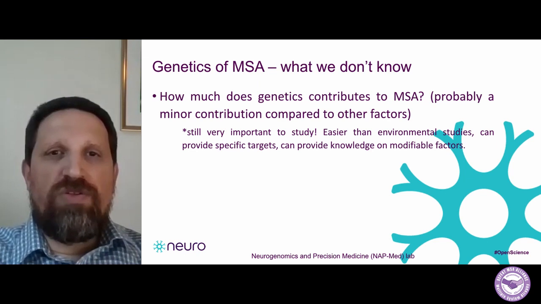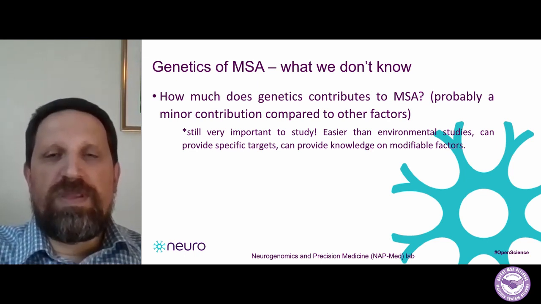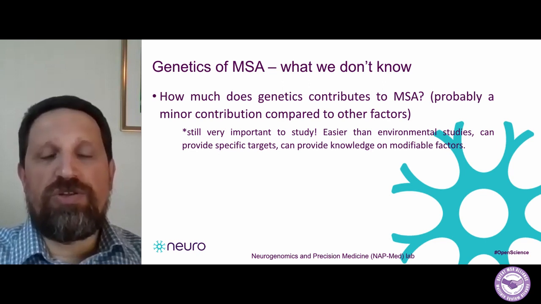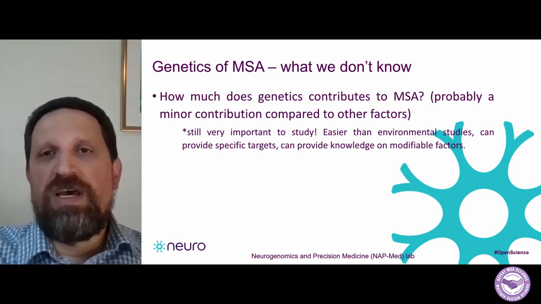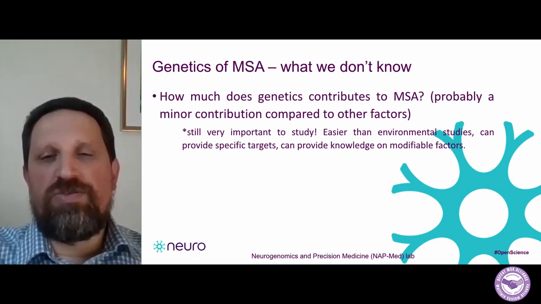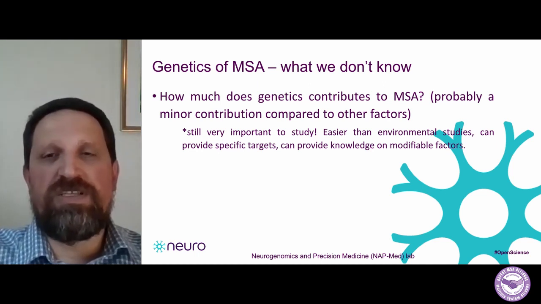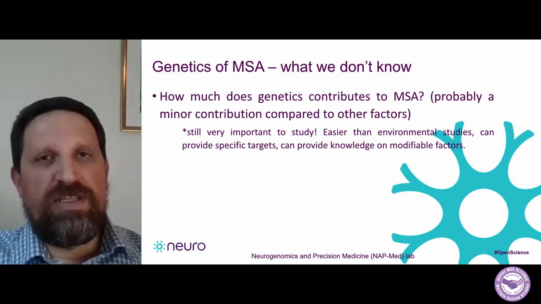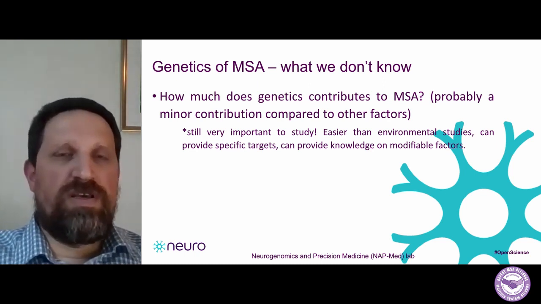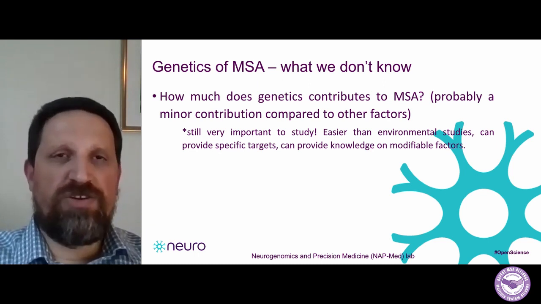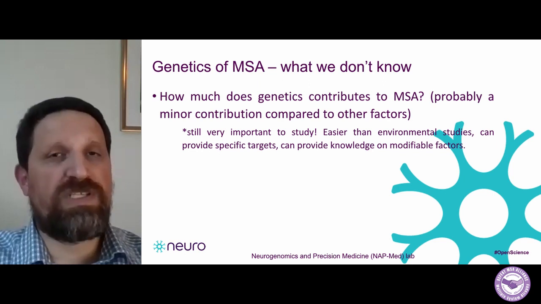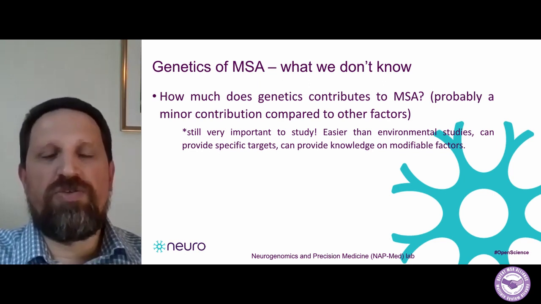So although we don't know much about the genetics of MSA, it will be crucial to study it, because genetic studies are easier to do than, for example, environmental studies, because if it's not genetic, it's either environmental exposure to something, whether in the food that we eat, in the air that we breathe, viruses, pathogens, etc., or it could be stochastic events that we have no control of.